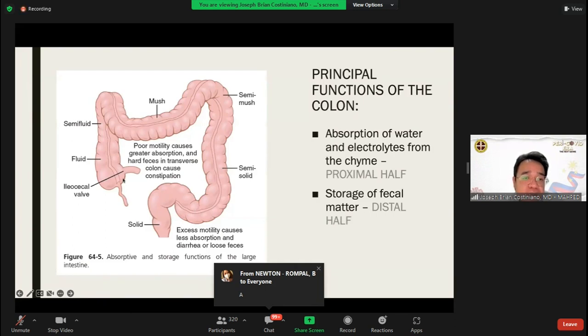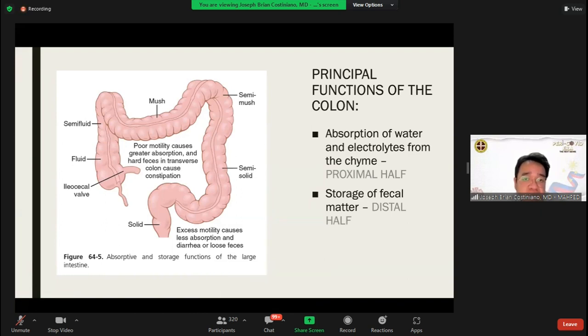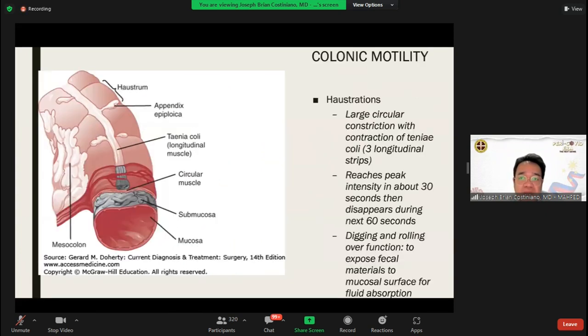That's why if you have problems here in the proximal side, it will cause mushy fluid. Excess motility causes less absorption, so you will have diarrhea or loose feces. Poor motility causes greater water absorption, causing hard feces in your transverse colon, causing constipation. Meanwhile, your distal half is actually just for storage of fecal material.